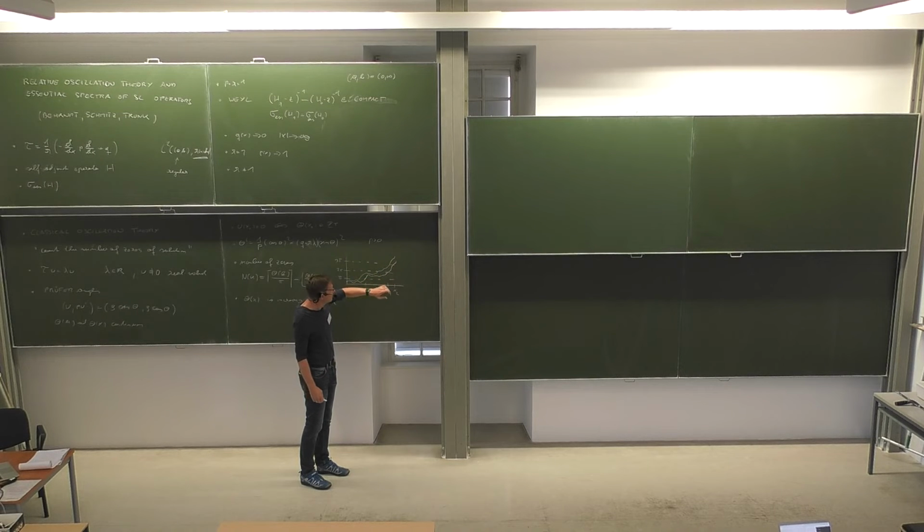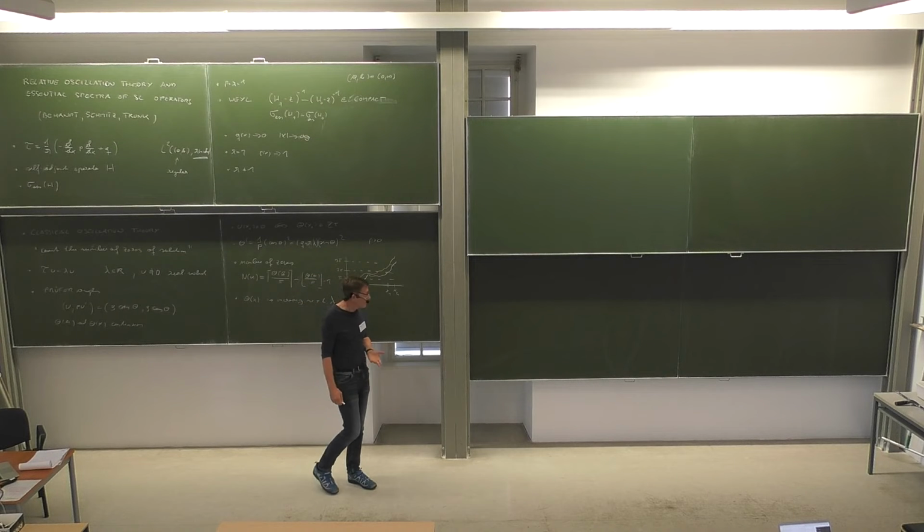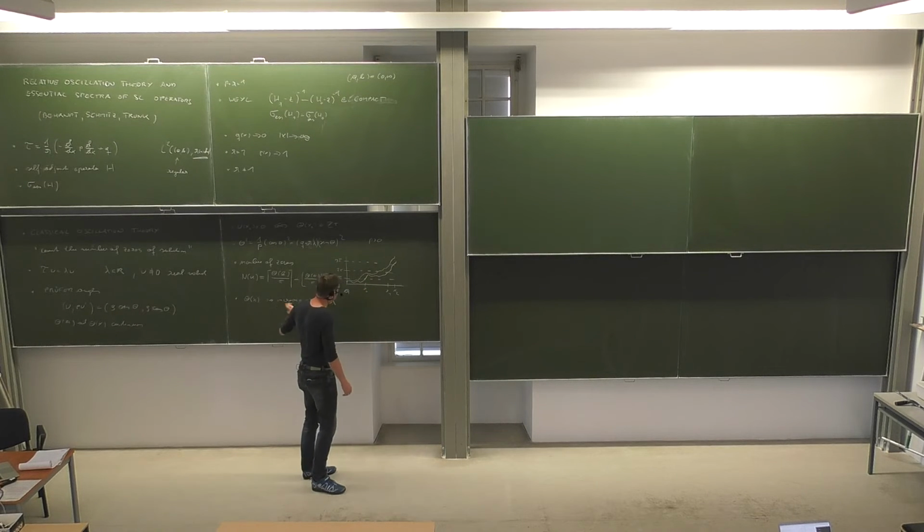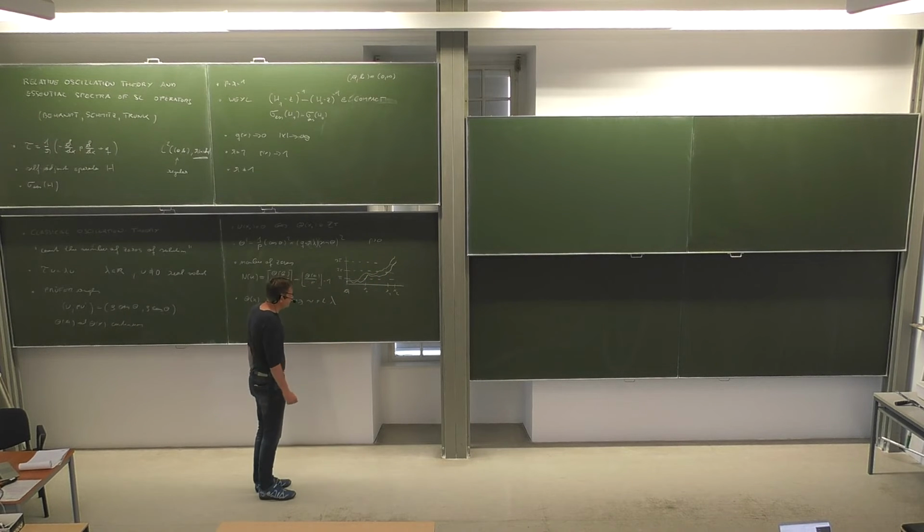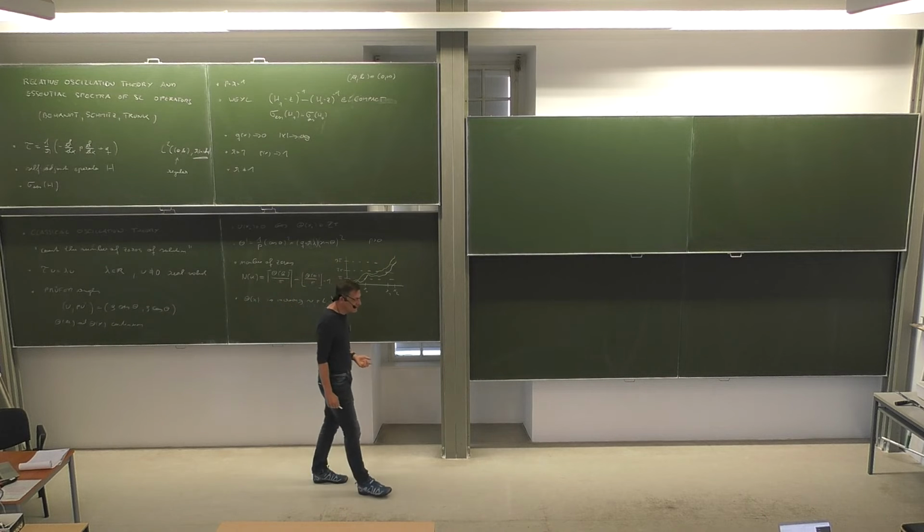Because an eigenvalue means the solution vanishes at b if we look at Dirichlet eigenvalues. So you get this classical result right here that the number of zeros equals the number of eigenvalues, at least for a regular operator.